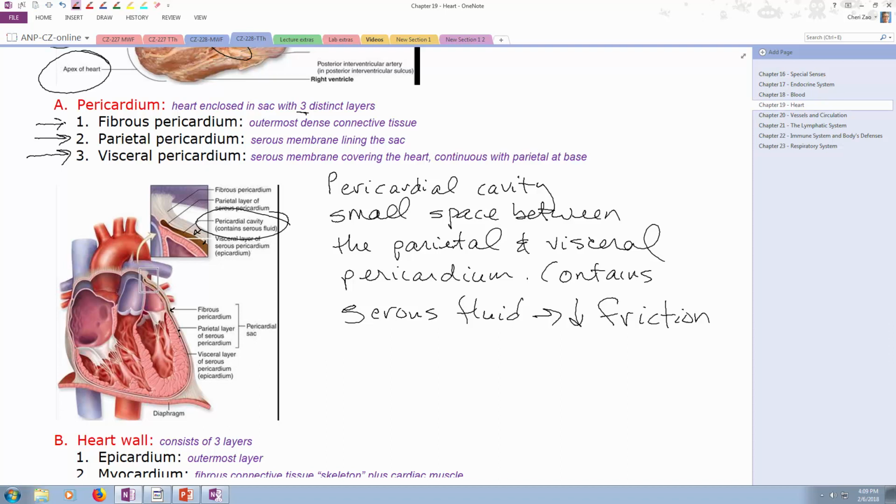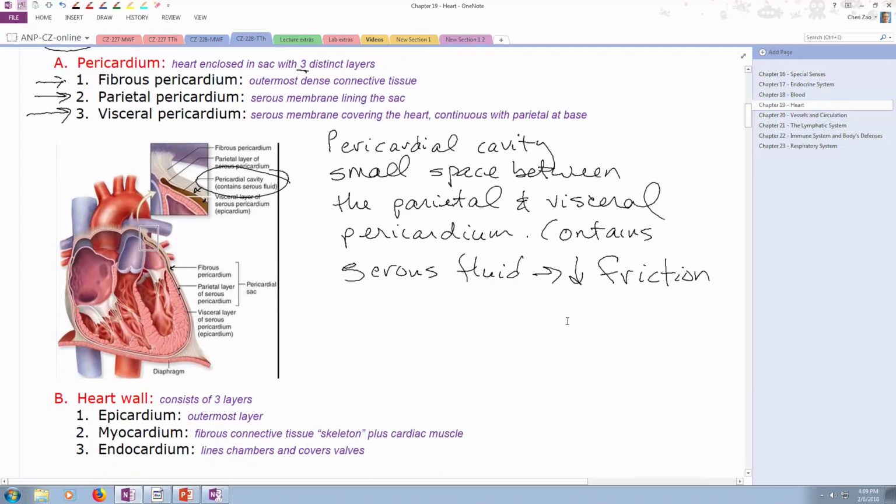But because now we have little scar tissue back and forth between the two layers, we will have symptoms, and a lot of chest pain associated with that. It's not a heart attack, but it is definitely very painful. So pericarditis is telling you we have inflammation between those two serous layers.